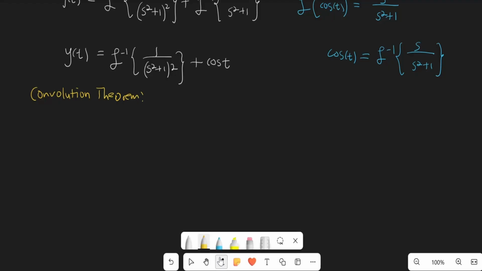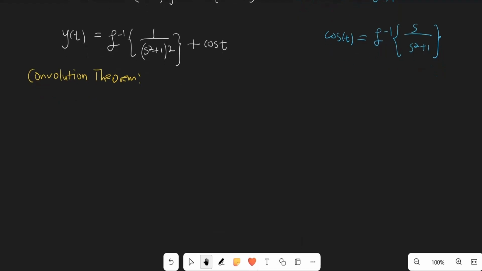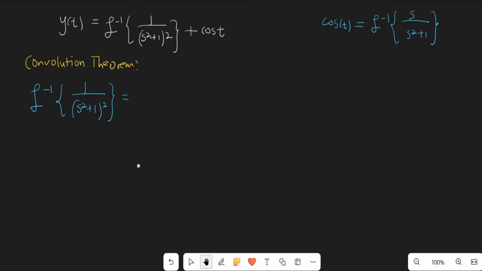So now let me switch colors, let's say to blue. Now the Laplace inverse of 1 over s squared plus 1 all squared can be broken down into the product of two different functions: 1 over s squared plus 1 multiplied by 1 over s squared plus 1.